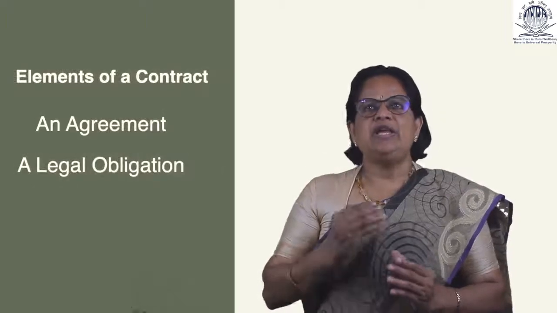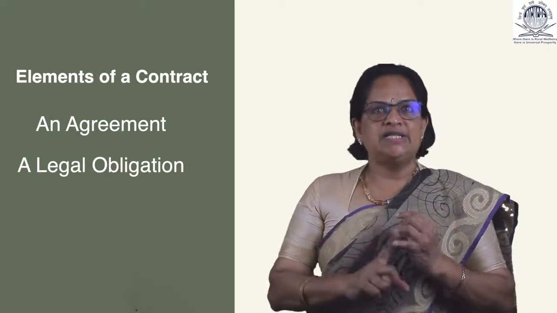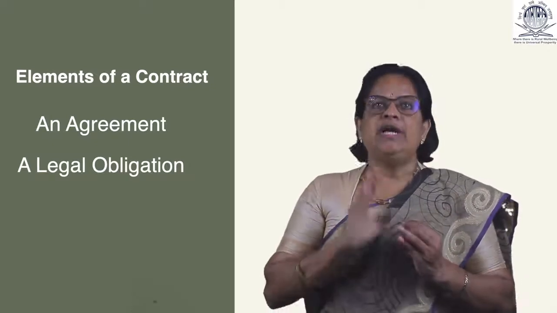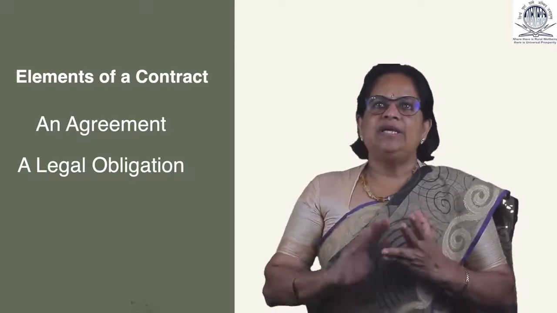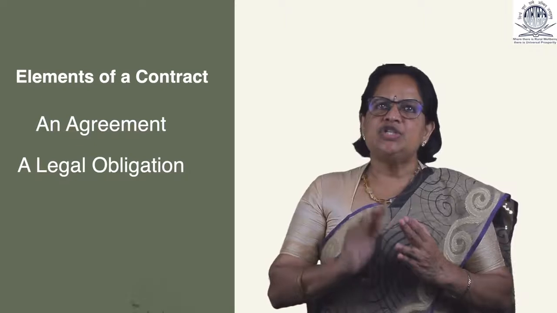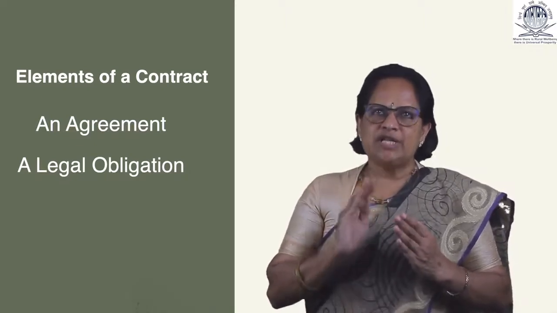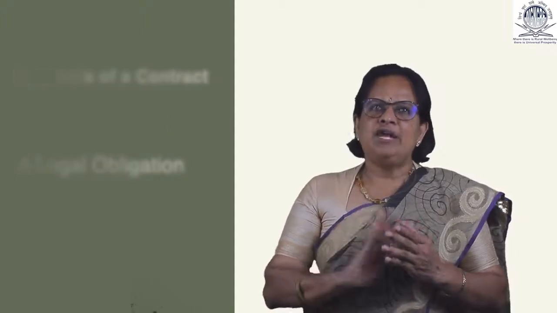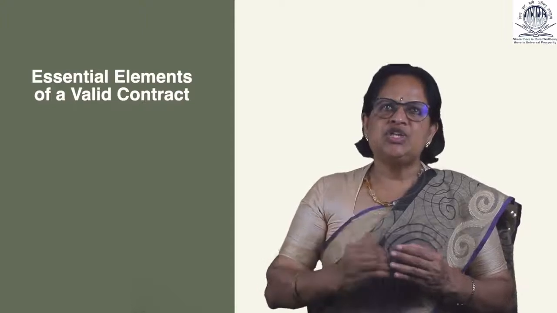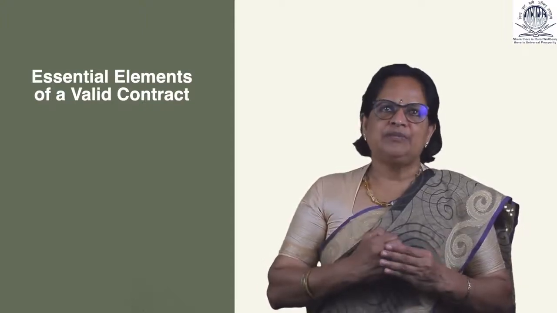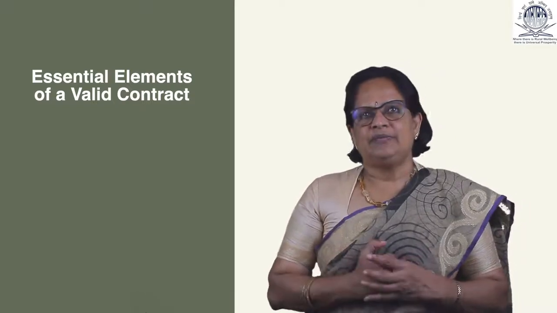What are the essential elements of a valid contract? As we have already discussed and understood, a contract is an agreement and a legal obligation. There are 10 essential conditions to be fulfilled as per Section 10 of the Indian Contract Act to make it a valid contract. Now we will learn the 10 essential elements of a valid contract. Can you imagine the 10 essential conditions?